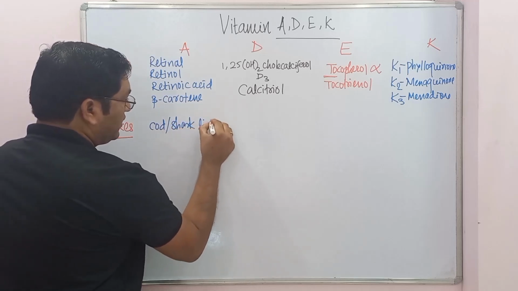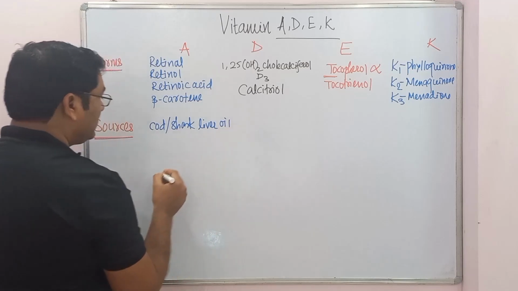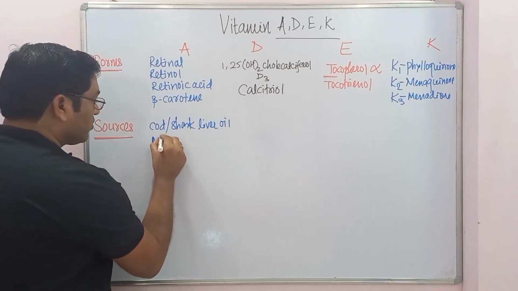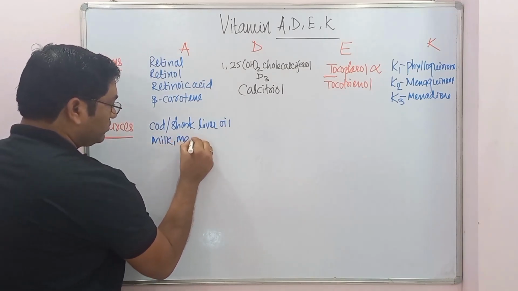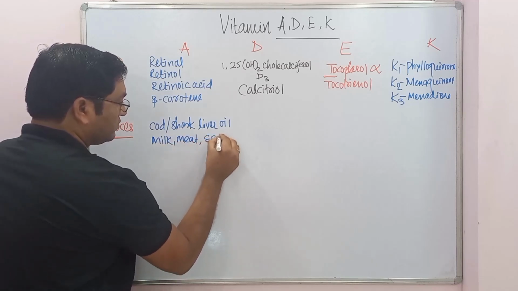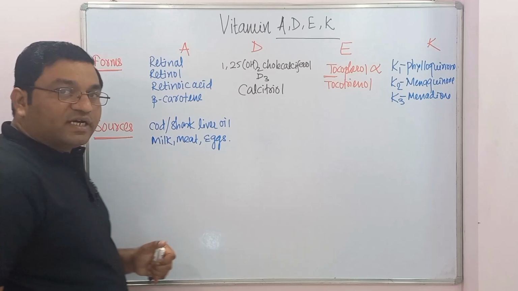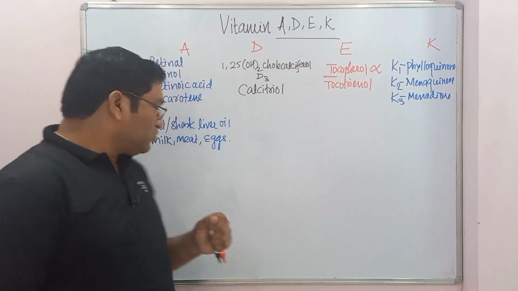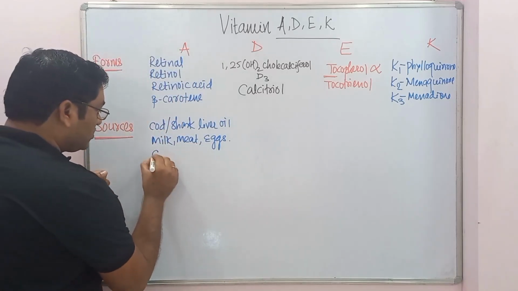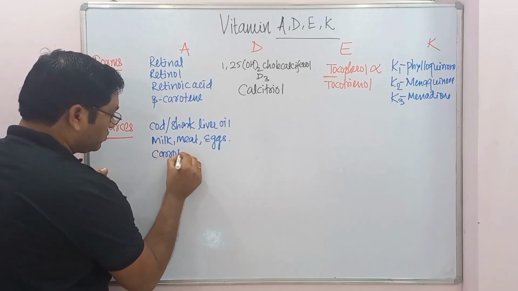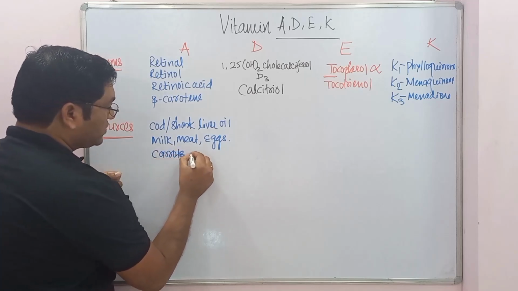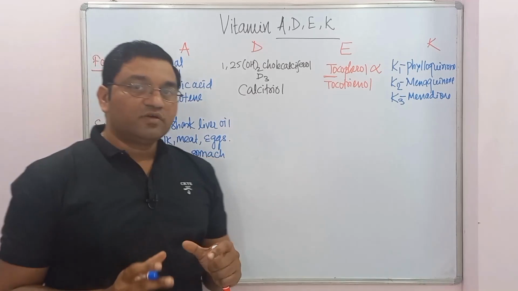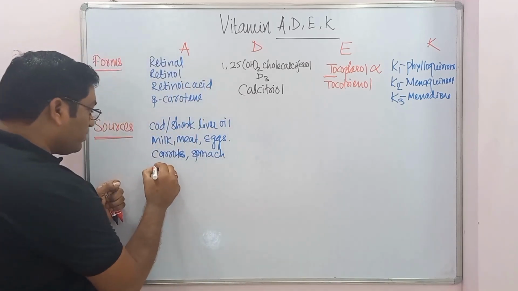Then non-vegetarian sources include milk, meat, eggs, etc. And beta carotene, this is provitamin, is present in plant sources, mainly carrots, spinach, and yellow to orange colored fruits, mainly mango, papaya.